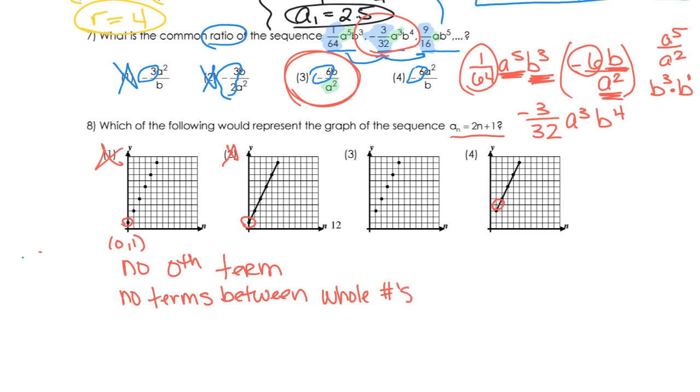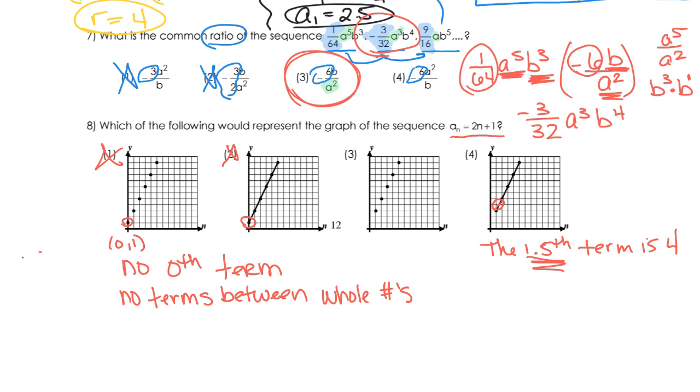So for instance, this one here would be like the 1.5 term, which is 1, 2, 3, is 4. Well, we can't have a 1.5 term.